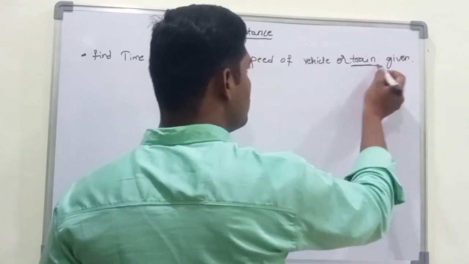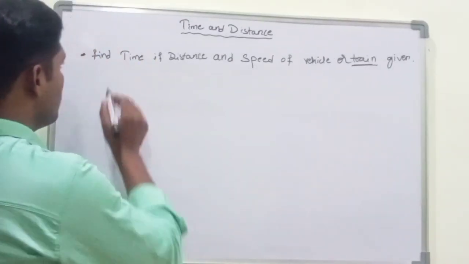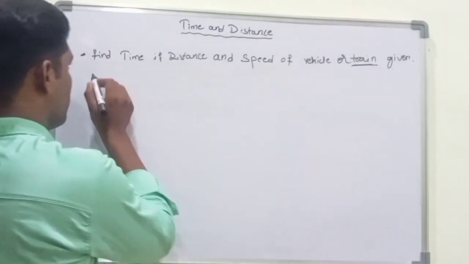Commonly this will be asked for trains. Mostly we will get these questions from trains. So here, find time if distance and speed are given.